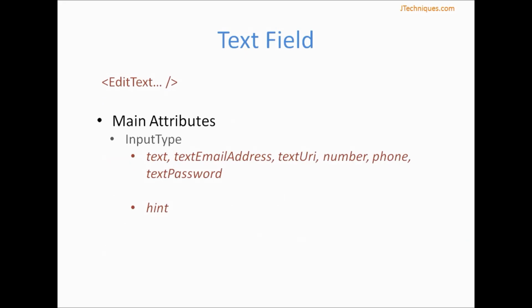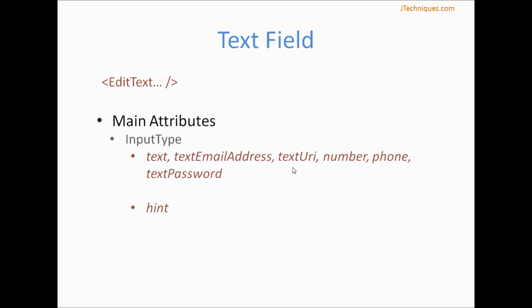To display a text field where user can input some text, we can use edit text. Some of the main attributes are the type of the input. The default is the text where user can type any text. And we have different types like email address, URI, phone or number.